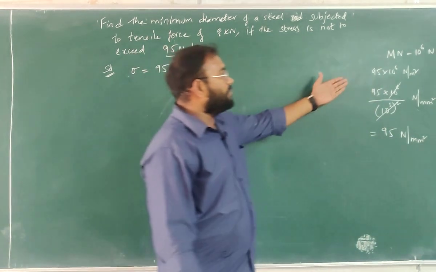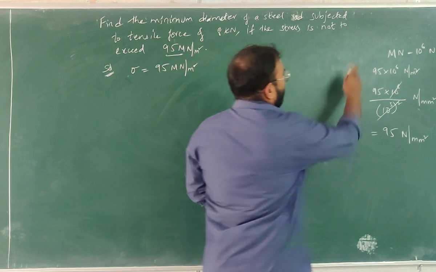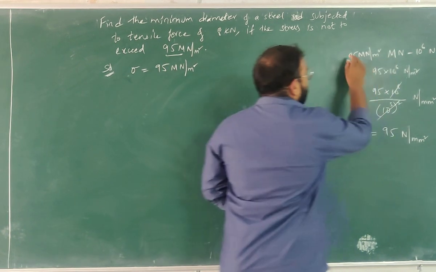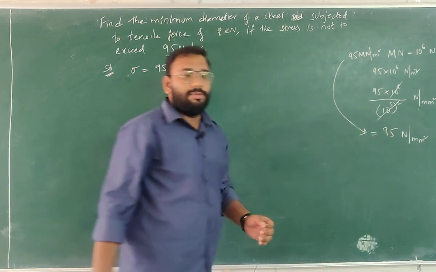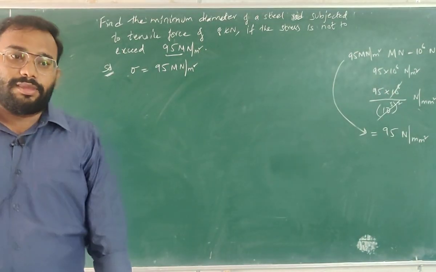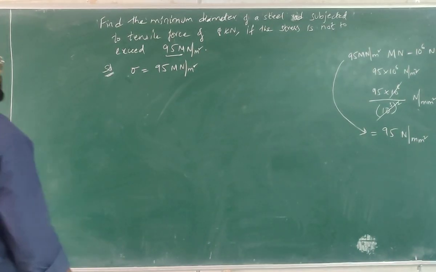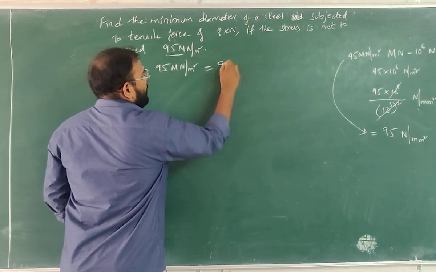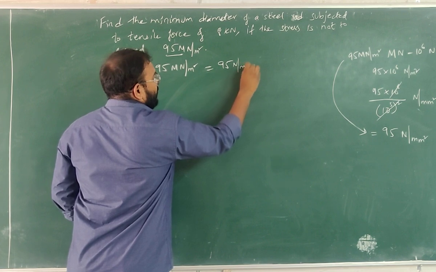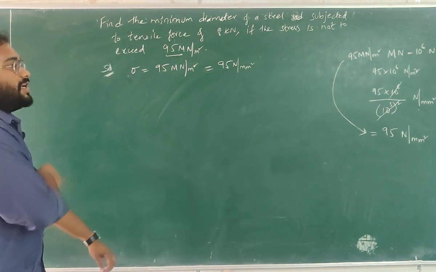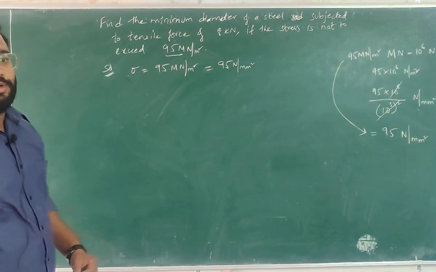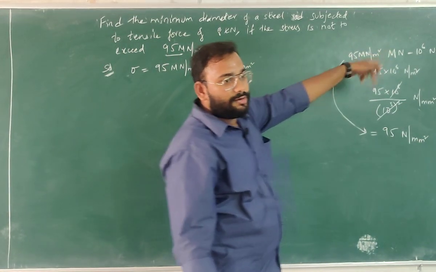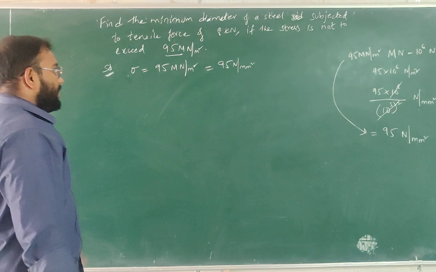Sorry, 95 mega Newton per meter square is equal to 95 Newton per millimeter square. Remember, 95 Newton per meter square is not equal to 95 Newton per millimeter square. It is mega Newton per meter square which is equal to Newton per millimeter square.